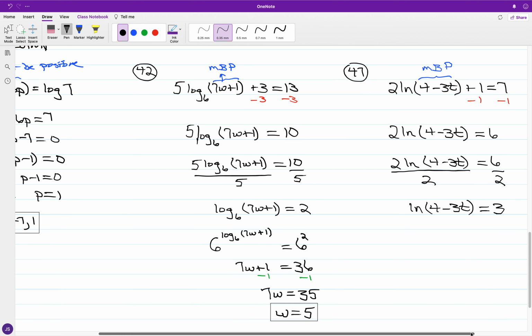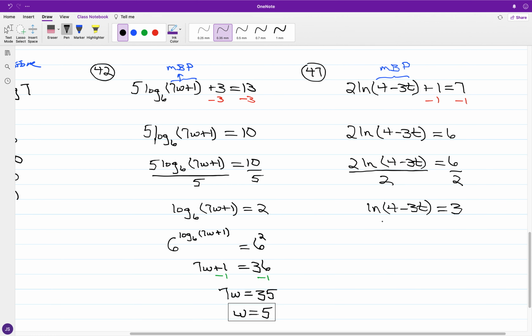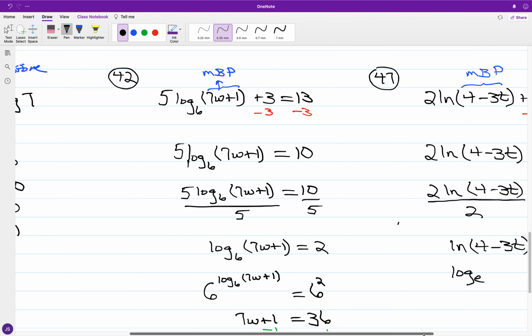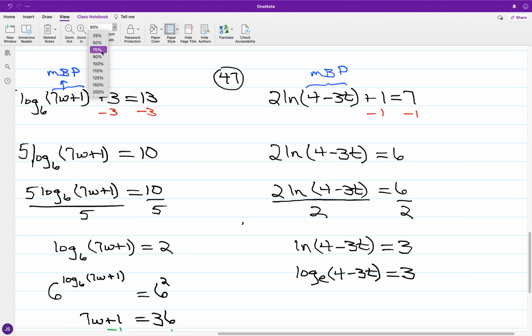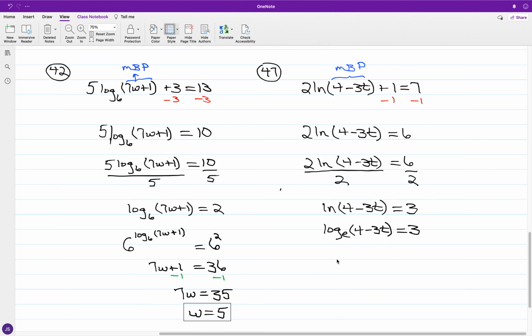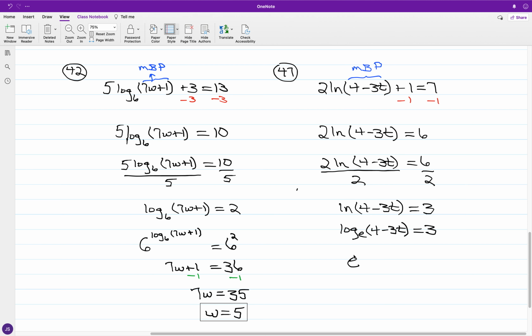And to take care of the ln, remember, ln is going to be a base e logarithm. And again, to take care of the natural logarithmic base, we can treat both sides as powers to which e can be raised.